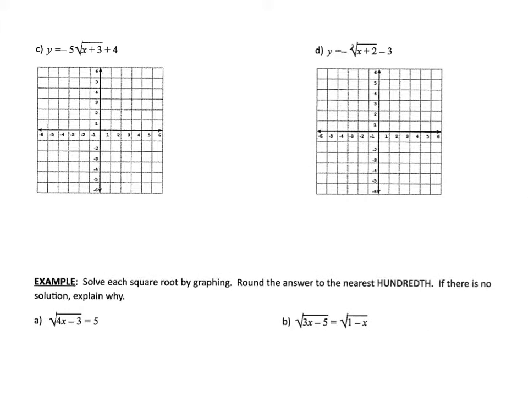And then right here, this means that I'm going to go left 3 and up 4. So left 3, up 4, it's my vertex.